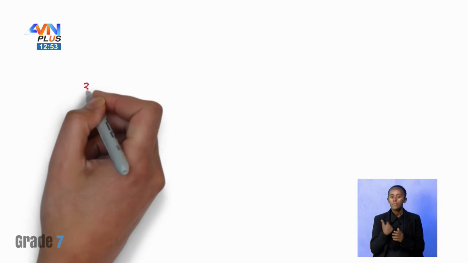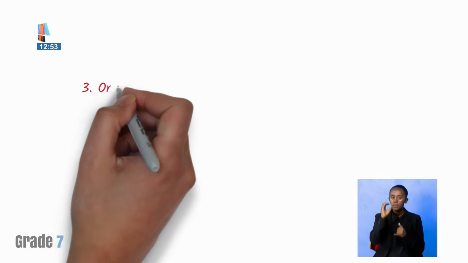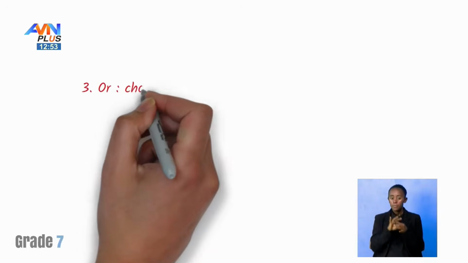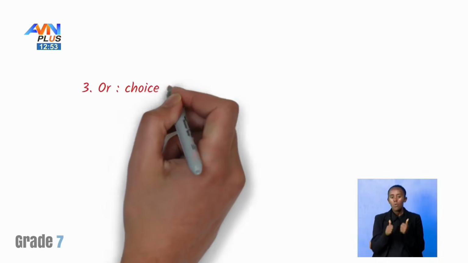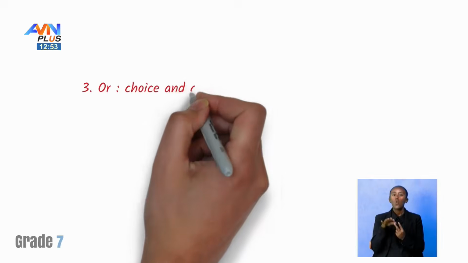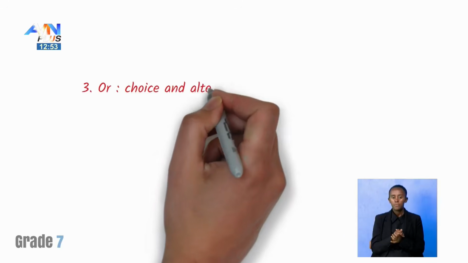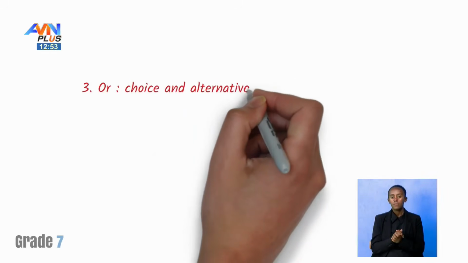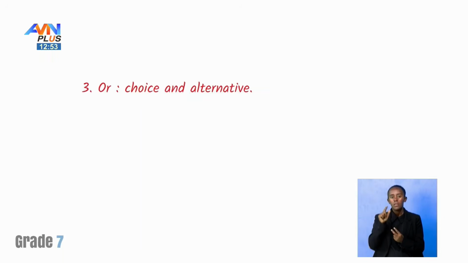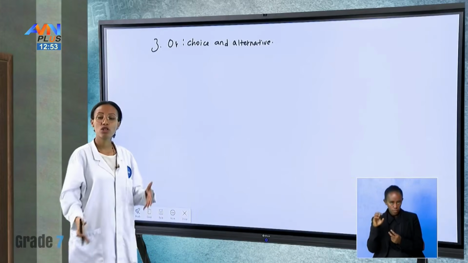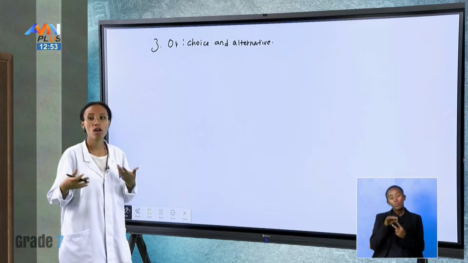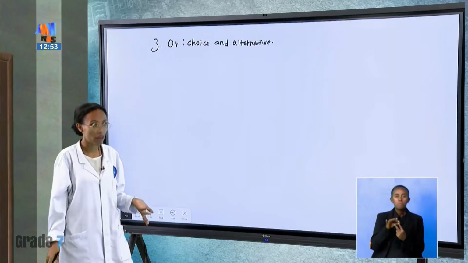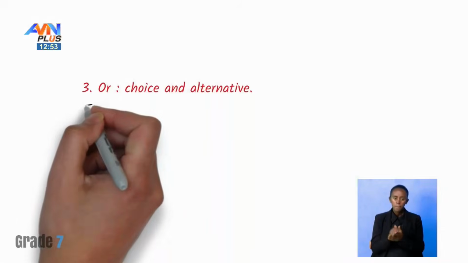We have another one. The last conjunction that we're going to see today is or, which shows choice and alternative. Yes? So it shows a choice or an alternative of something. Okay, let's see an example here.